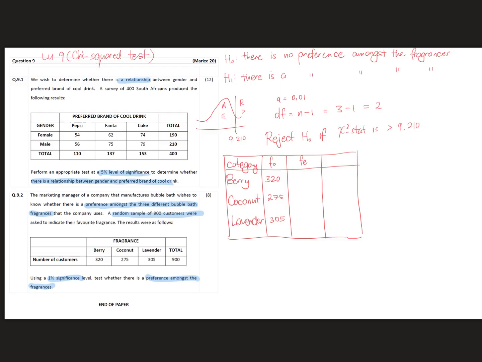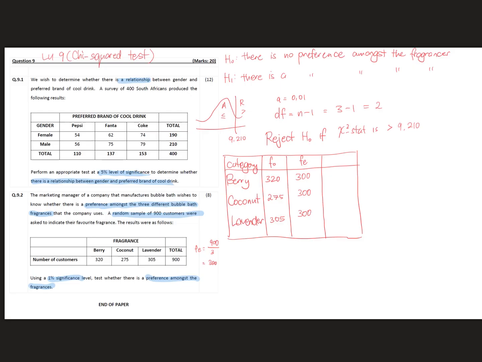So 900 divided by 3, remember, you're taking the 900 and splitting it over the total number of categories or options, and that would tell you that FE is equal to 300. You don't need to show that working out. I'm just showing it to you so you know how we calculated it.